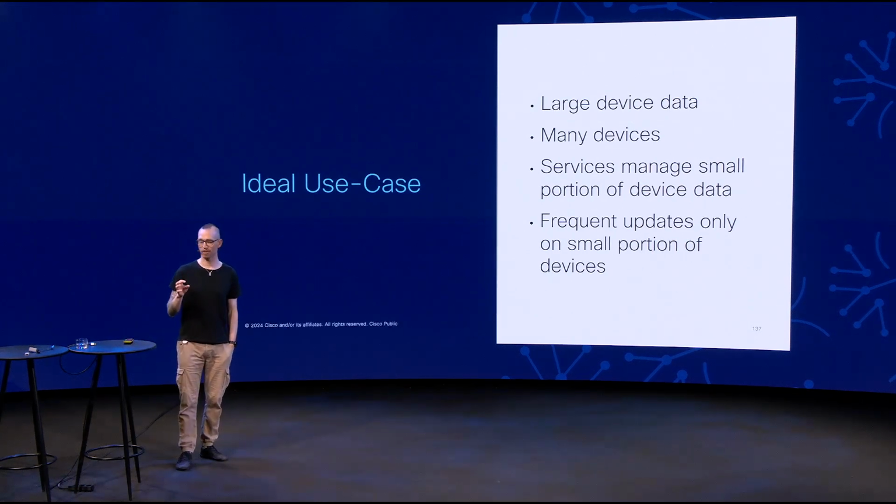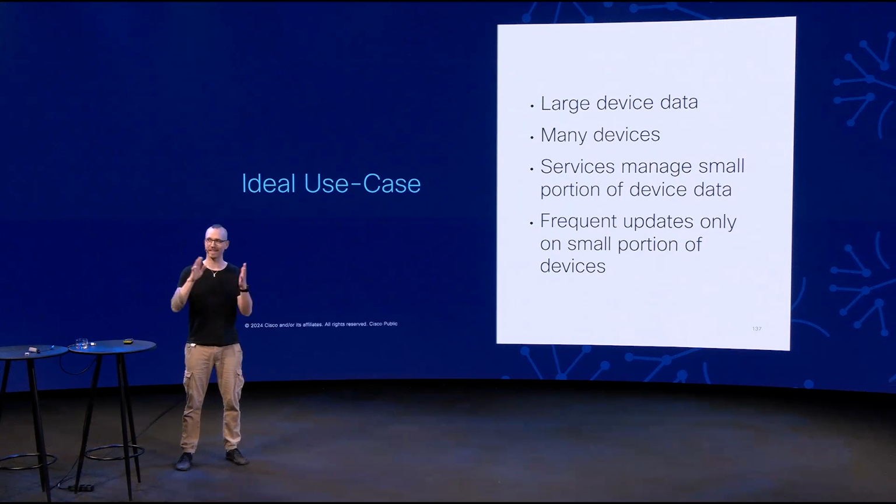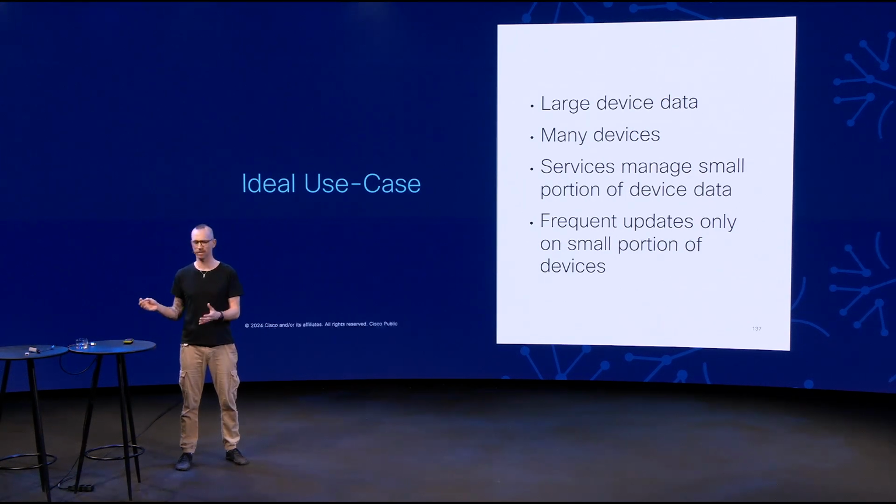To make this even more clear, if you would paint an ideal use case, you would have devices with a lot of configuration in them in your network. You would have a lot of devices in your network, and you will manage a lot of devices. And your services touch only small portions of those devices. And the devices you touch are typically the same.